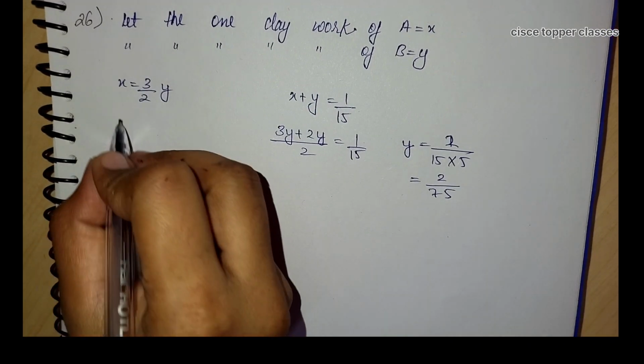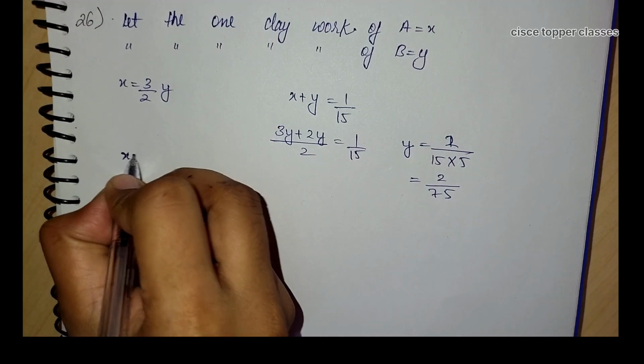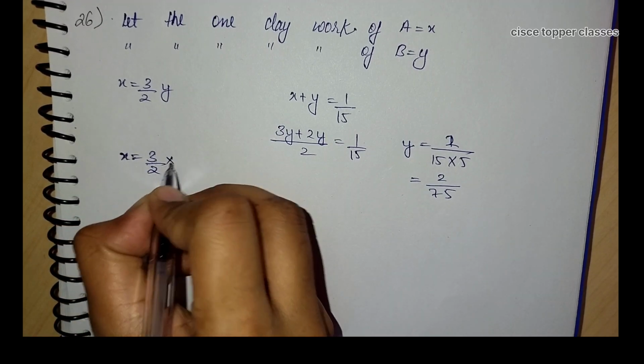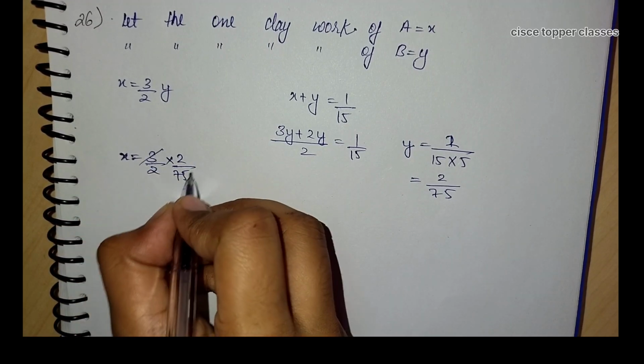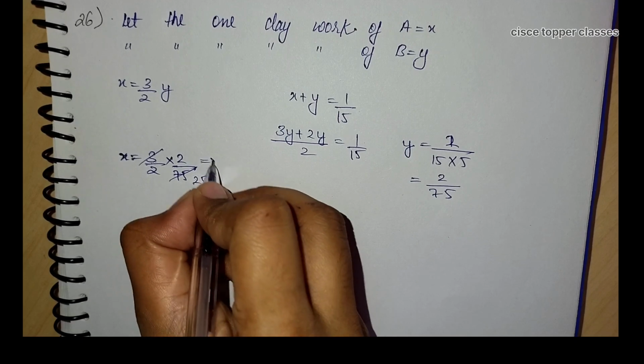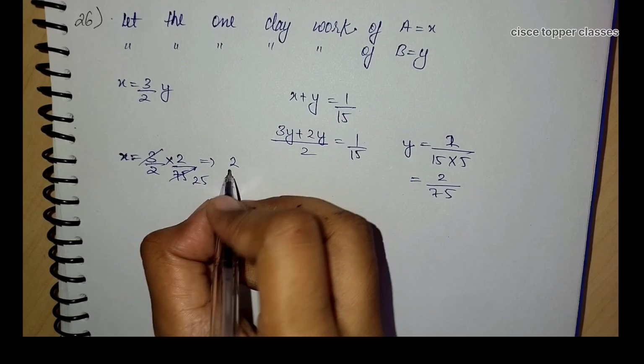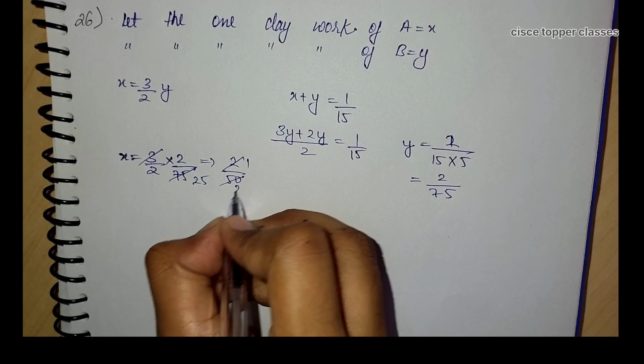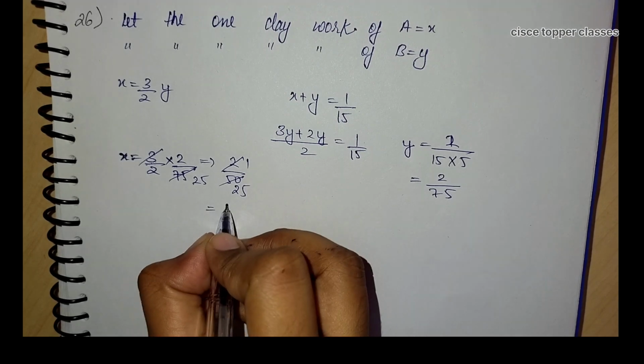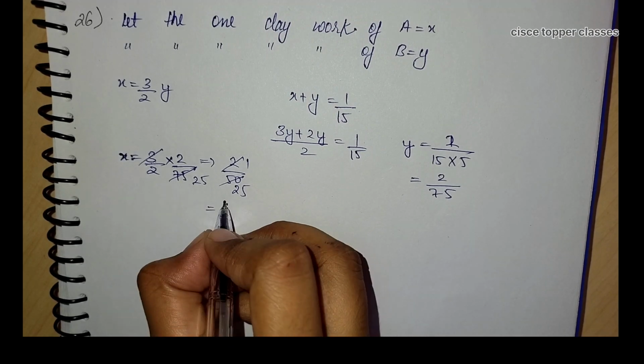And here we can find the value of x by putting 3 by 2 into 2 by 75. So it will be 1 by 25.